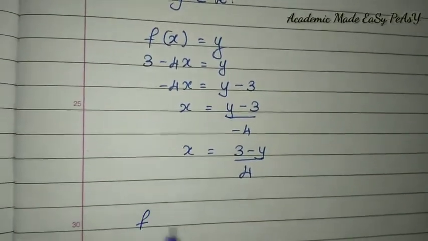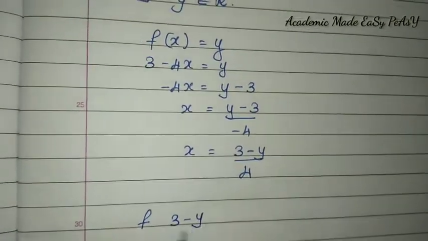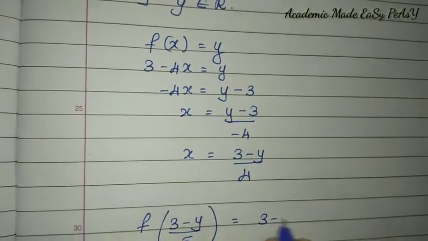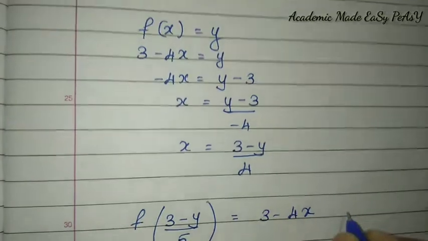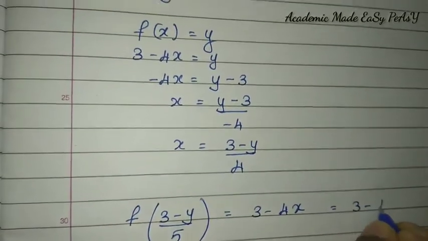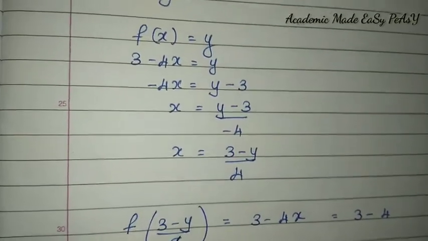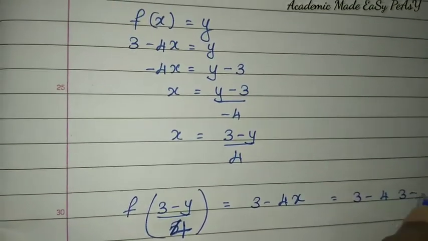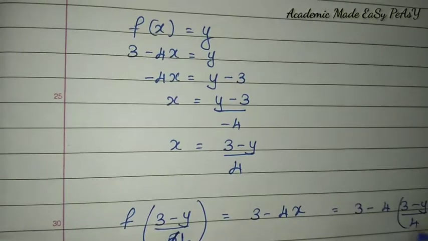So now f of (3 minus y) by 4, that is the x value I am writing here. So 3 minus 4x. So we will have 3 minus 4 into (3 minus y) by 4.